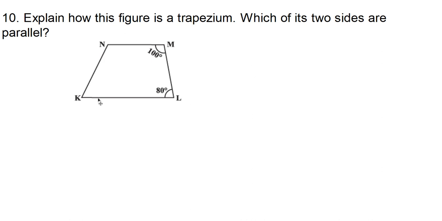Therefore, NM and KL are parallel. So, because adjacent interior angles are supplementary, one pair of sides are parallel, therefore this is a trapezium.